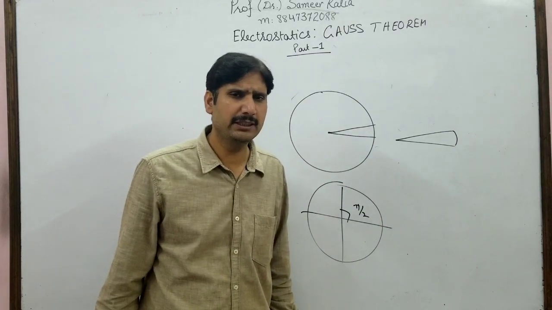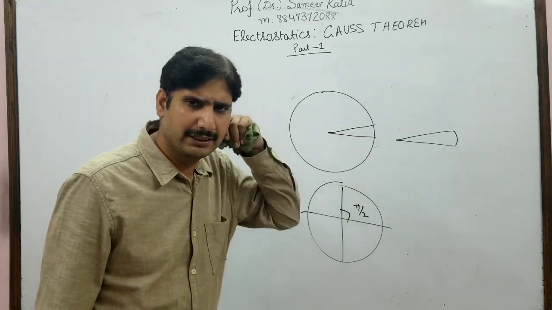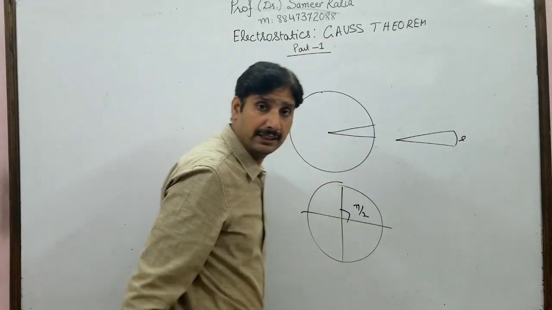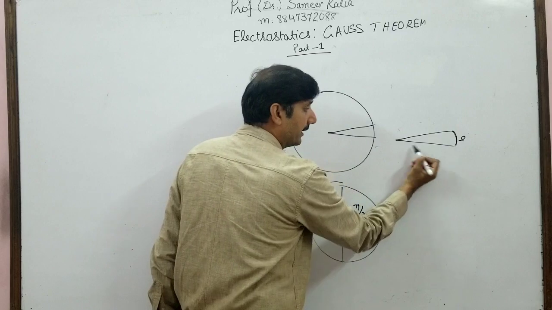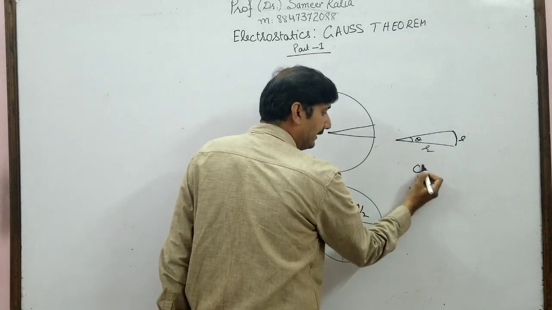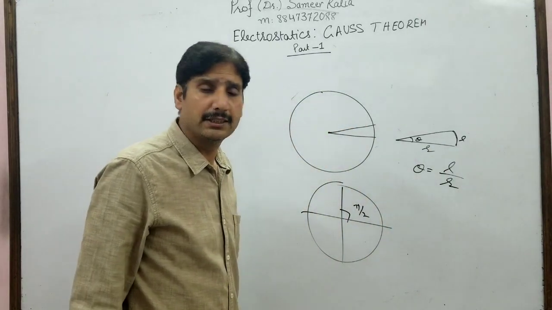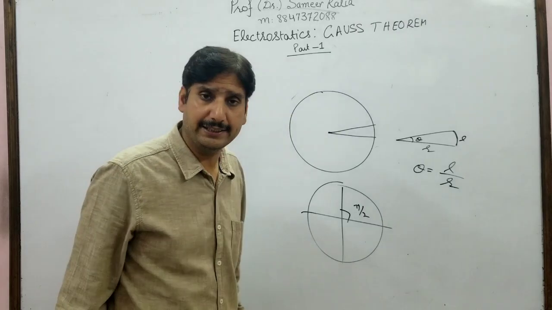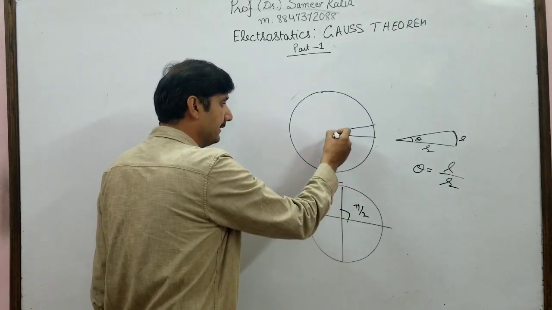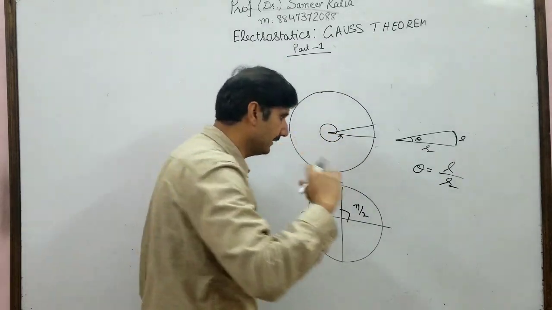Has it been really assumed, or can you prove that the total angle is 2 pi? I think we can. First of all, we will have to define angle. If this is the length of the arc and this is the radius vector, then you define this angle in terms of radians as L over R. Theta is L over R radians. Now, if I have a full circle, what is the total angle subtended by a full circle at its center?